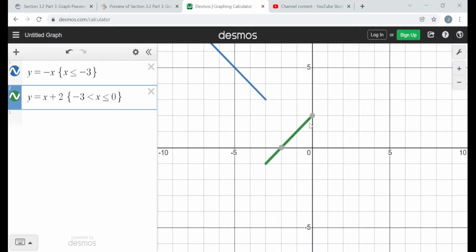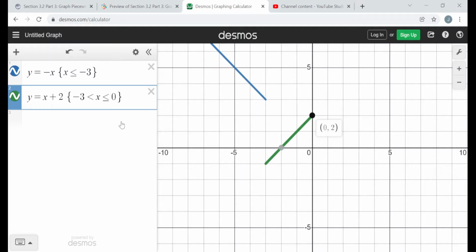And then you see just that piece, you see 0, 2 solid, but at the other end it's an open point. See, negative 3 undefined. At negative 3, negative 1 there's a hole, like I said, right? Because negative 3 is not actually part of this piece. You still plug it in just to see where the hole is, but it's not part of the piece.